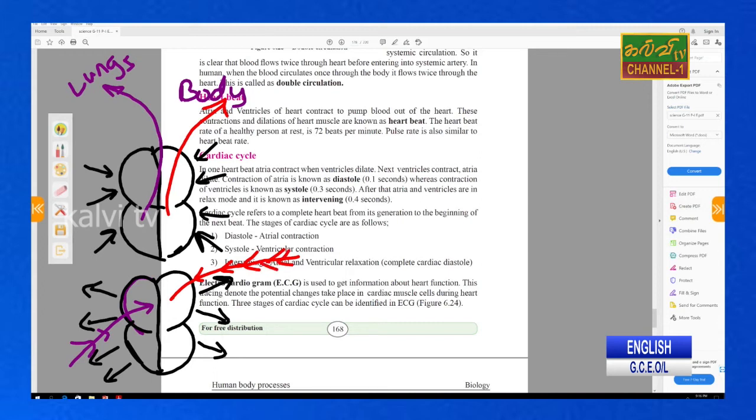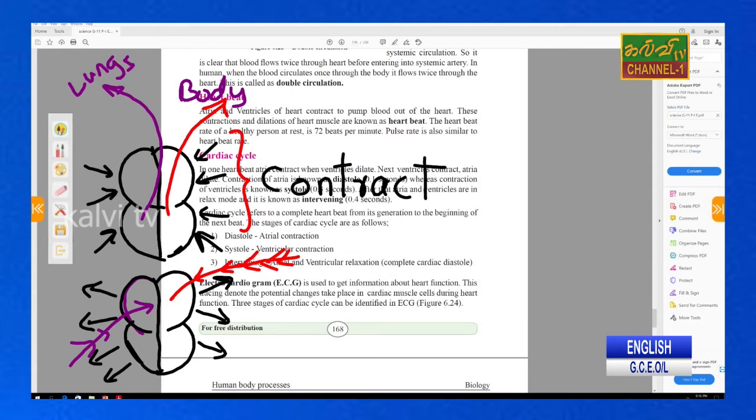So this is what happens. When it contracts, the blood is pumped to the body or organs or lungs.